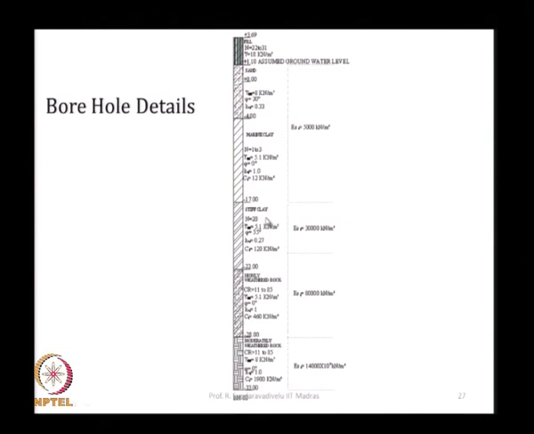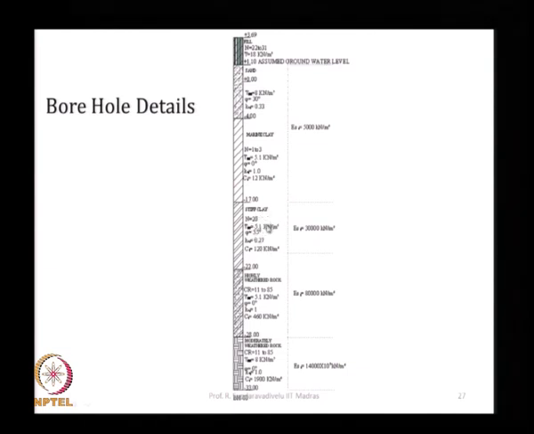Then we have a stiff clay, N is equal to 20, the density is the same. It is not a clay alone, it is a sandy clay, so it has some phi value also. The cohesion value is given as 120 kilonewton per meter square, Young's modulus is 30,000 kilonewton per meter square.